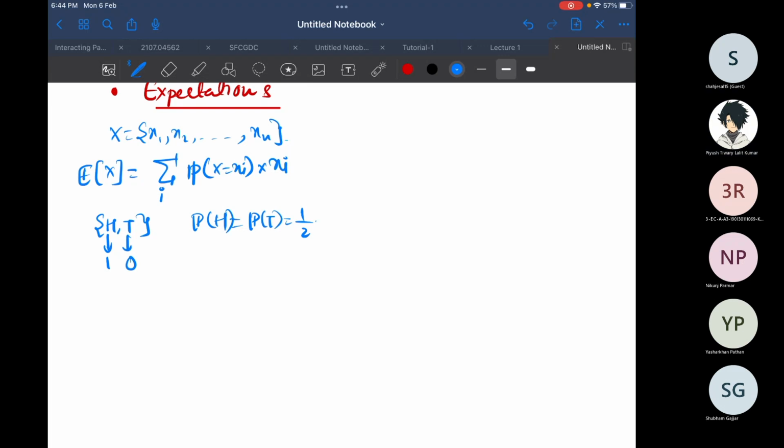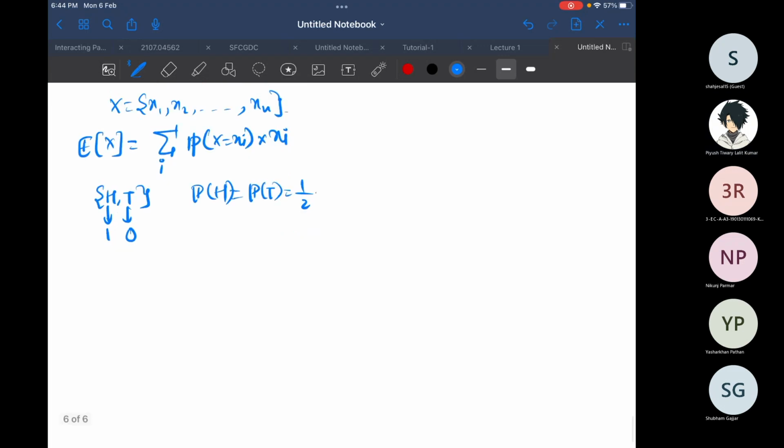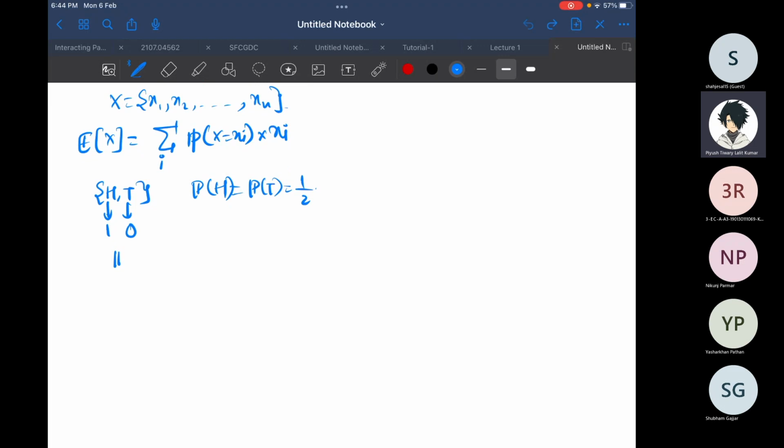I take the expectation of x. This comes out to be 1 into 1 by 2, plus 0 into probability of 0, which is half. This comes out to be half.